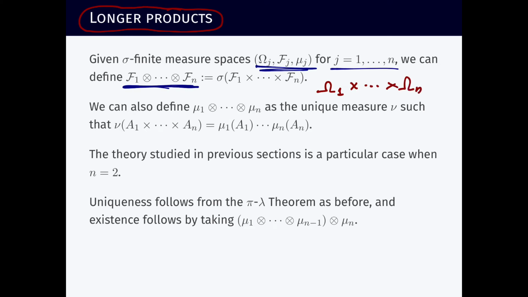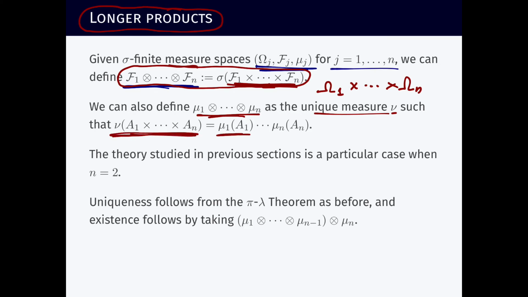Then we can define the product sigma algebra to be the sigma algebra generated by rectangles, which are not rectangles anymore, they're kind of cuboids, of the sigma algebra of each space. And we can define the product measure as the unique measure such that we assign to rectangles the product of their dimensions.